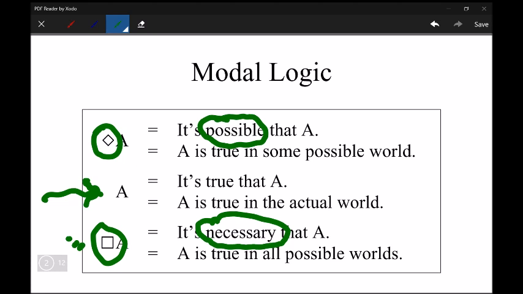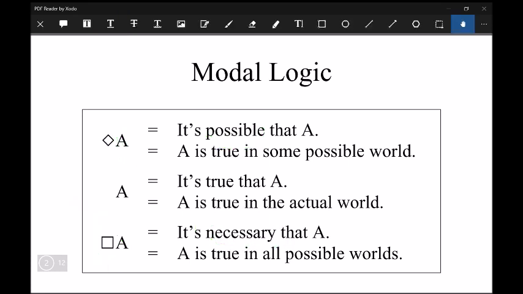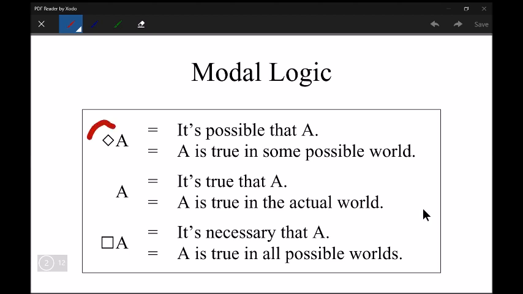Okay, let's look at these 2 approaches now. First of all, possible A. If you say A could be true or A is possible. Now, the word possible could mean different things. You could mean legally possible. In other words, there's no law against it.